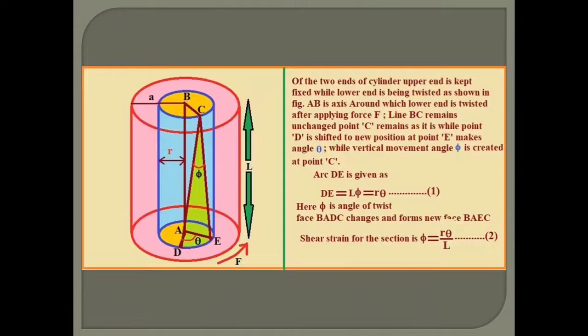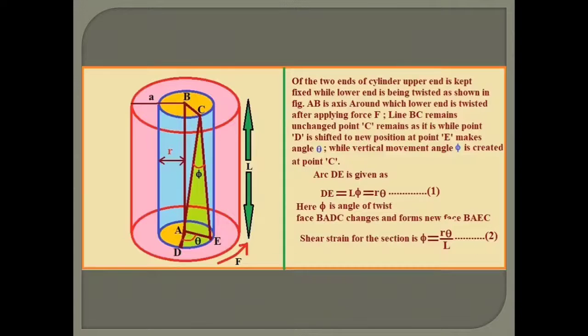So the lower end is being twisted as shown in the figure after the application of force F. Here AB is the axis around which the lower end is twisted after applying force F.